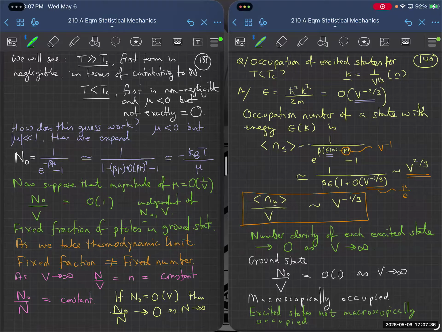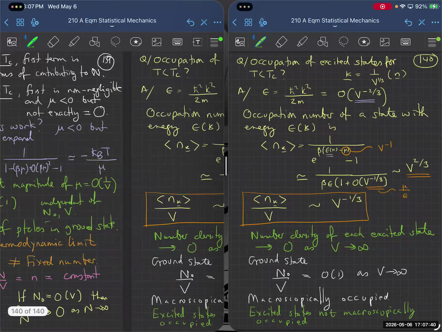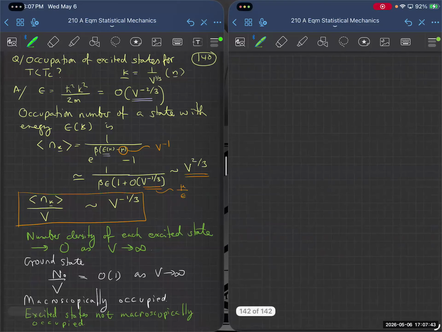And so this phenomenon has a name. This is called Bose-Einstein condensation.